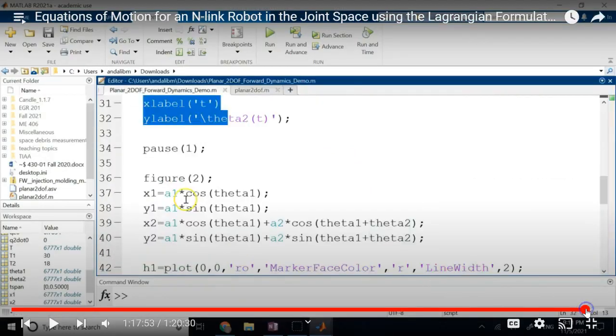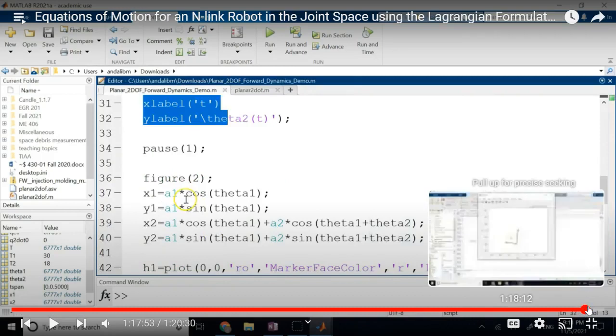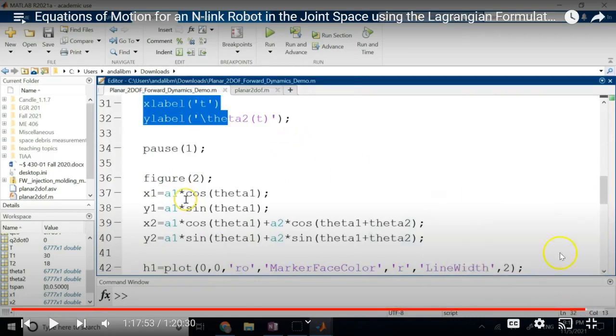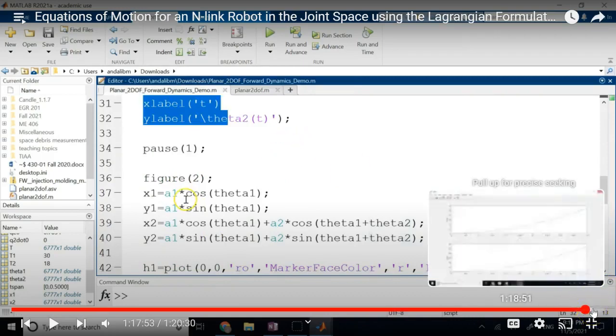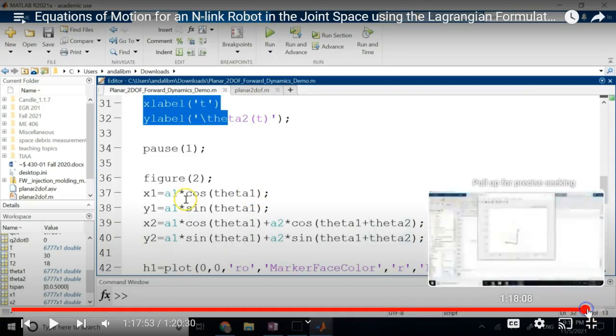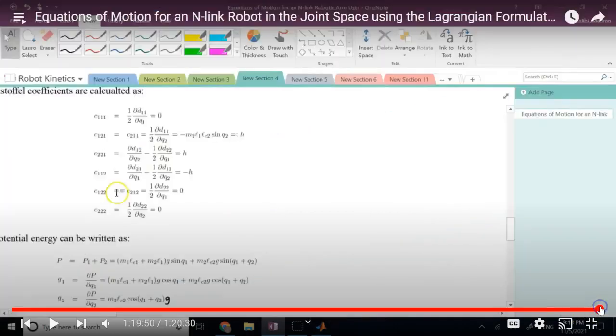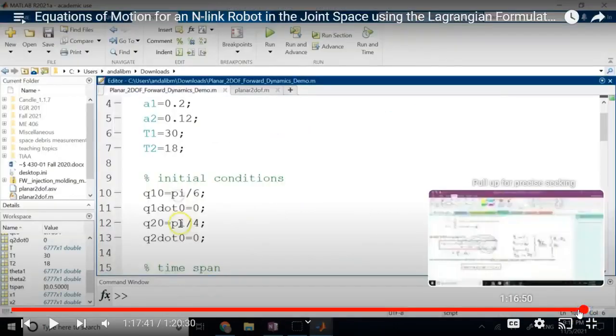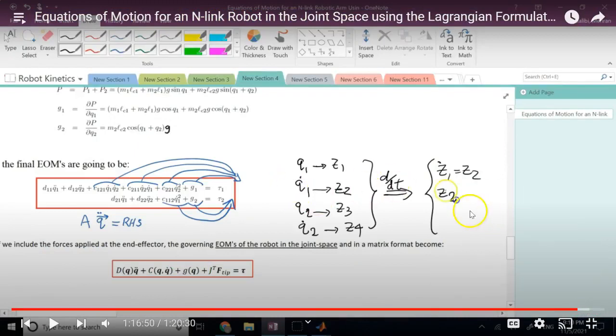And if you looked at this demo that I showed you, if we wanted to do a forward dynamics problem, we had to use ODE45. We had to convert everything into those first order ODEs that I mentioned. You can see them here, I assume, right?